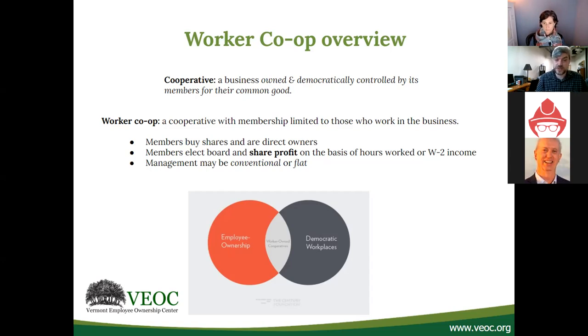In terms of governance, members elect the board of directors on the one member, one vote basis, and they share profit on the basis of either hours worked or W-2 income. So it's basically a way of quantifying labor contribution to the company. And management in a worker co-op can be conventional, right?